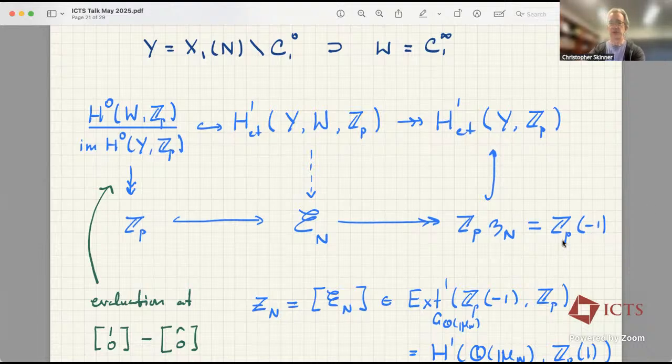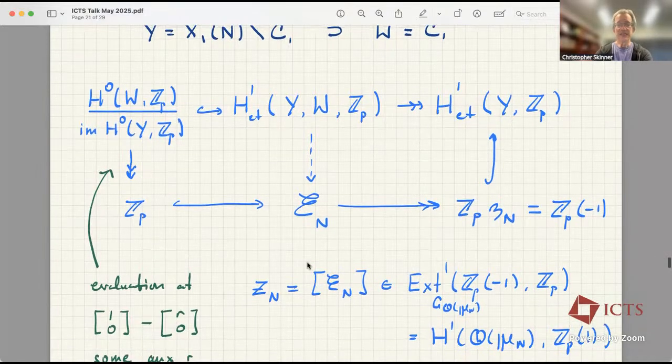Here we have just Z_p(-1). And then we looked at relative cohomology, just cohomology relative to some subvariety. And then we did a pullback, push forward construction to get an extension. And then we just take the class of that extension.